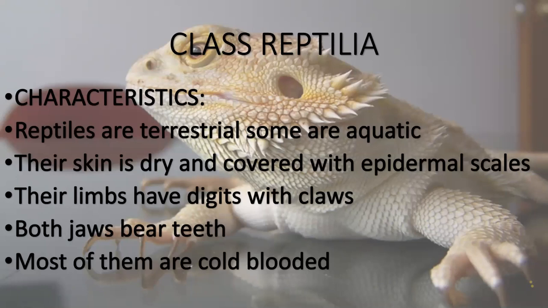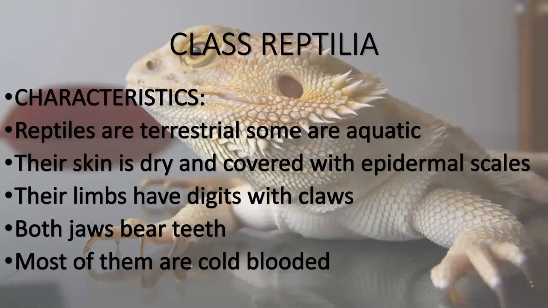The reptiles have four limbs, forelimbs and hind limbs. Both the limbs are provided with digits, and at the end of each digit, very sharp claws are present. Next is about the jaws.